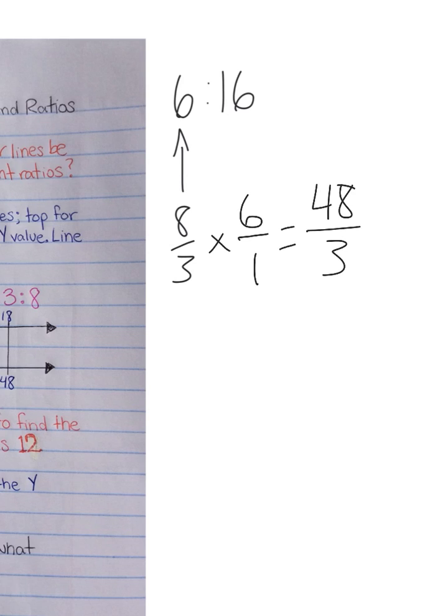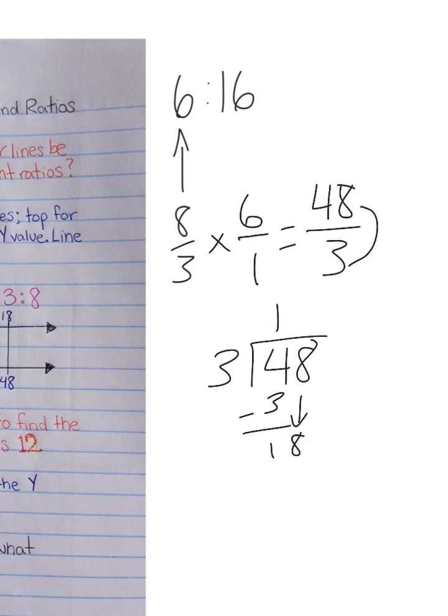Now we know this improper fraction can be simplified. We just divide the 3 into the 48. So we have 48 divided by 3. 3 goes into 4 once. 1 times 3 is 3. Subtract 1, bring down our 8. 3 goes into 18 six times. And then our division problem is done.